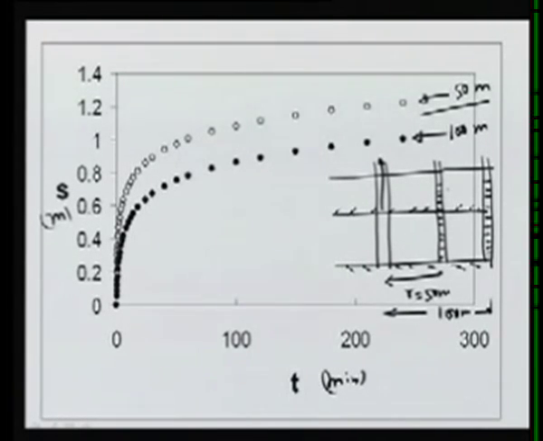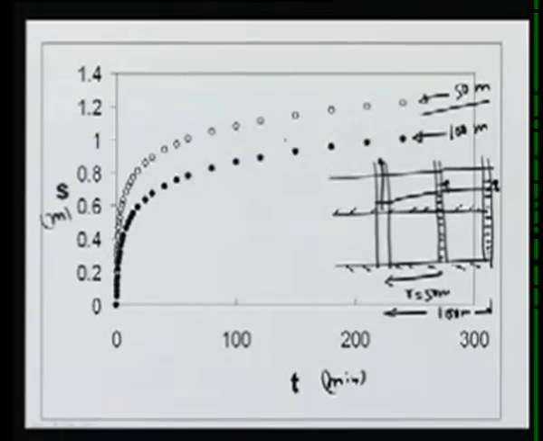So the drawdown at the 50-meter well would be higher than that at the 100-meter well, and these two are shown here. Now, since these drawdown curves are different, we can estimate the T and S values either separately for both of them, or there is another method which uses combined data.